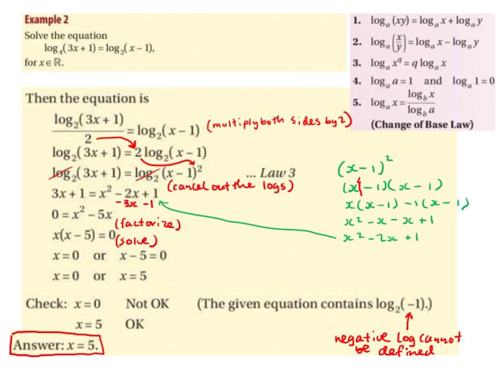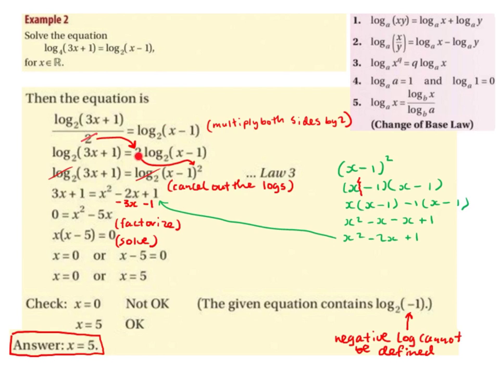So the first thing we're going to do is multiply both sides by 2 so that we can get rid of the divided by 2 part on the left hand side. So if I multiply the left hand side by 2, I'm basically just cancelling out the divide by 2 part. But if I multiply the left hand side of my equation by 2, I must multiply the right hand side of my equation by 2.